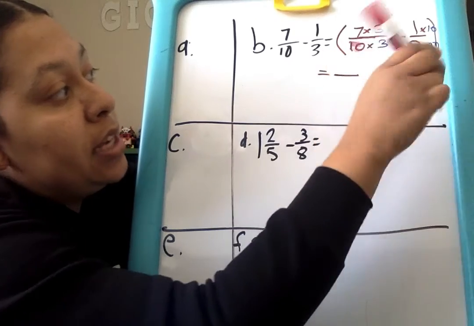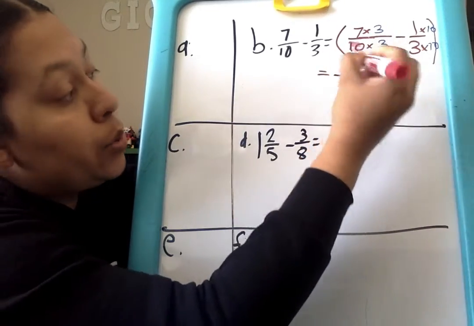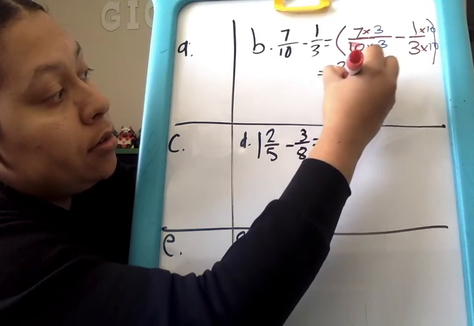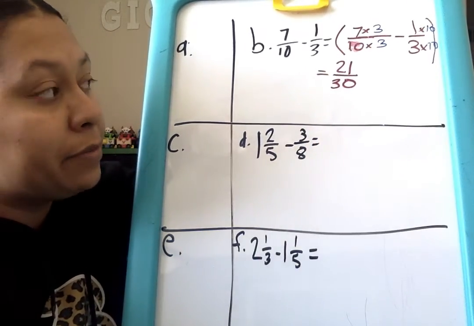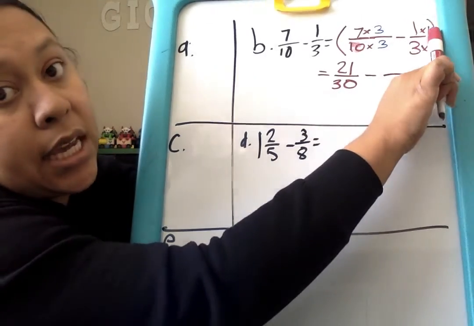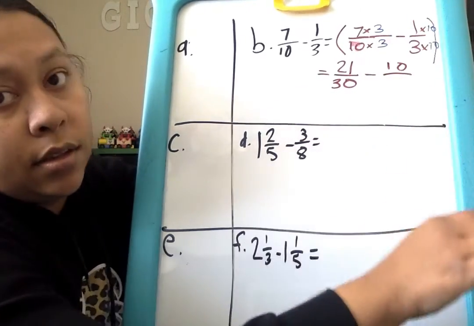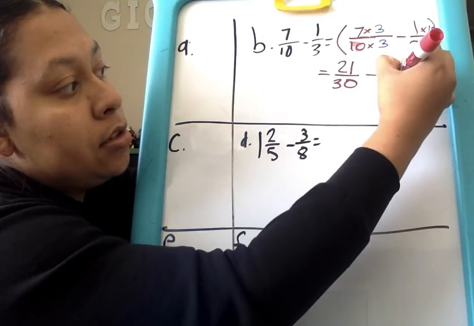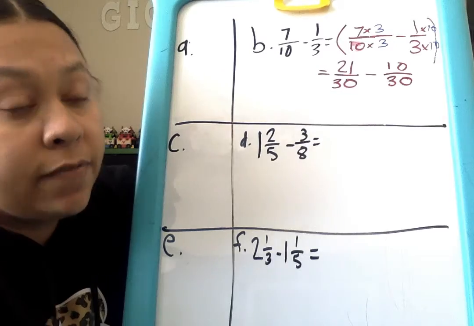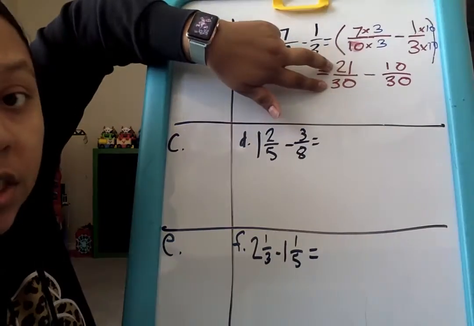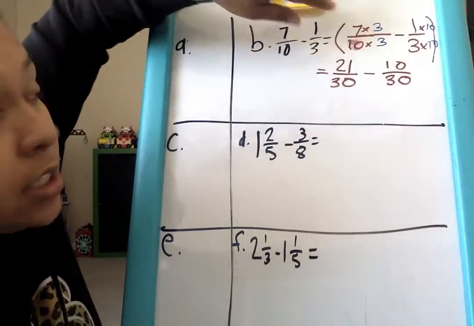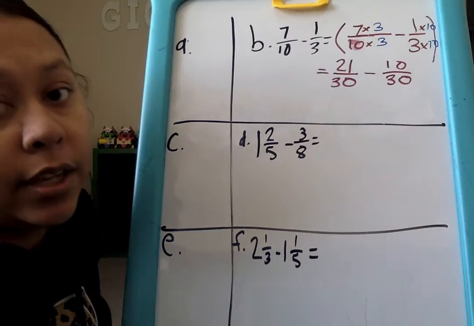So let's multiply. 7 times 3 is 21. 10 times 3 is 30. So now we have 21/30 minus 1 times 10 is 10. 3 times 10 is 30. 10/30. Now we have equivalent fractions.